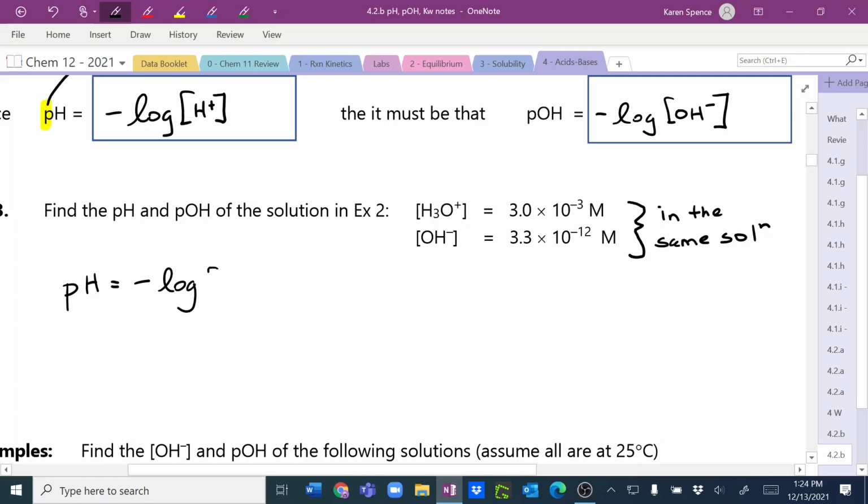So pH is the negative log of, in this case, I'm going to use H3O+, which is equal to the negative of the log of 3.0 times 10 to the minus 3. And we get 2.5228.